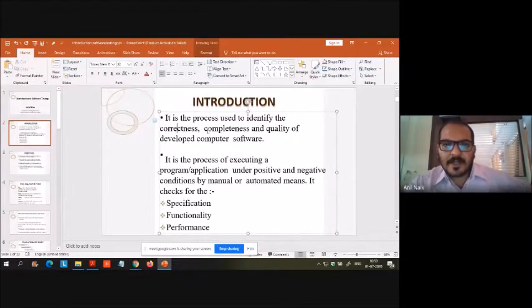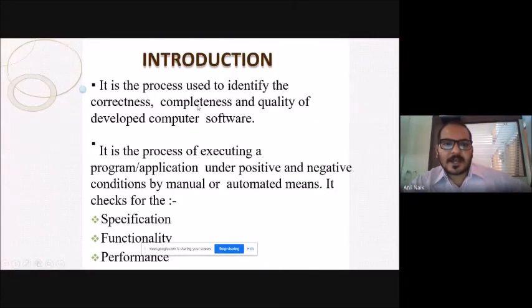Identifying correctness means identifying whether the particular software is correct or not, whether it is working correctly or not. Completeness means whether all the features of the software are included or not. So identify the correctness, completeness, and quality of the developed software.